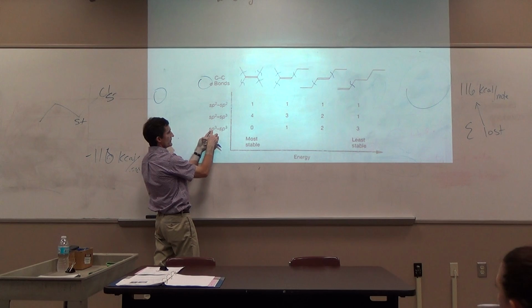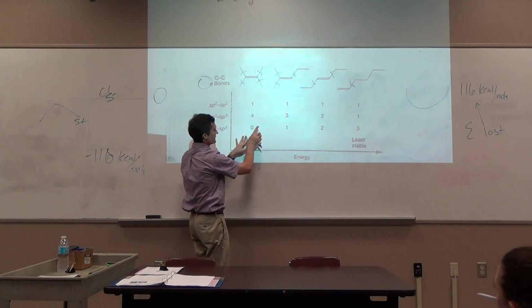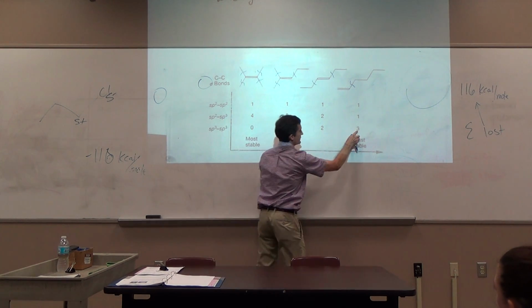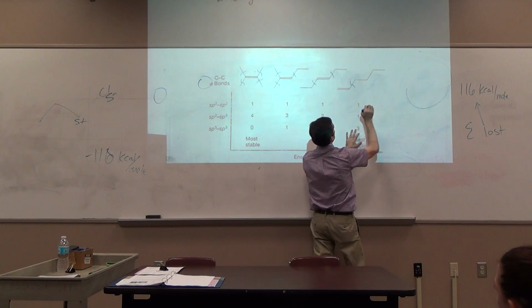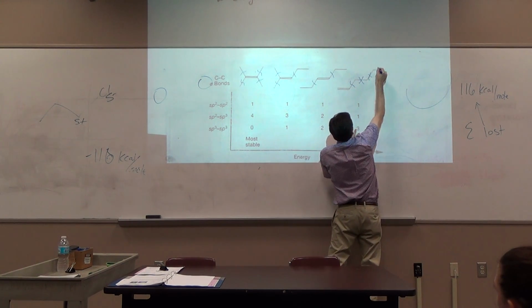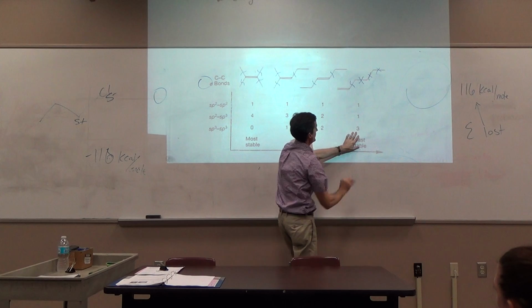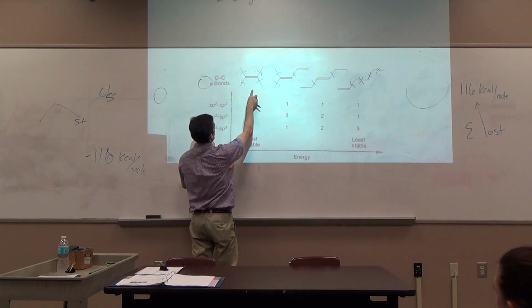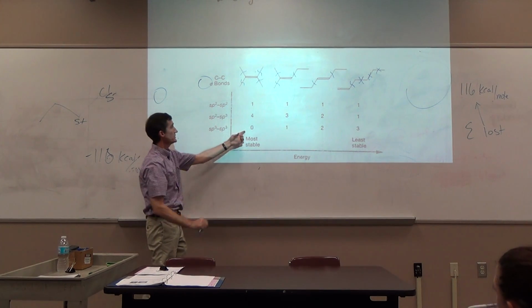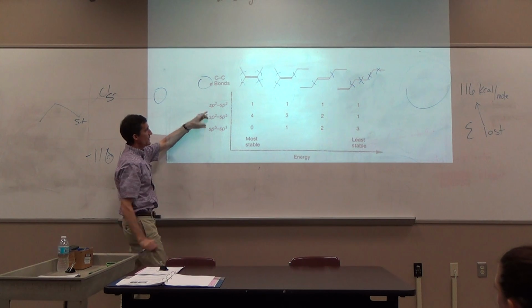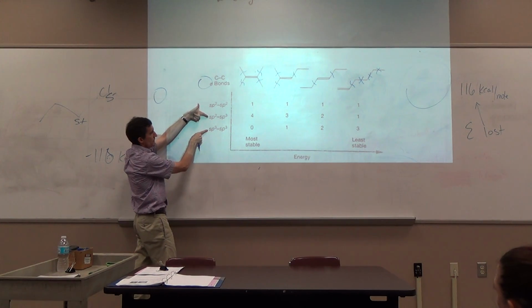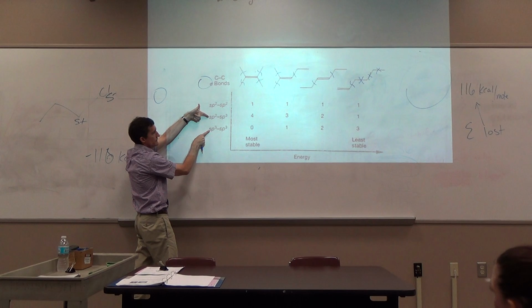Now, if we look at sp3, sp3, it's just the opposite. This one has the most of those. I'll do X's, okay? It has 3 of those types, where this one over here has how many of those types? X has none. This is the key difference. Which bond is stronger? Top or bottom?